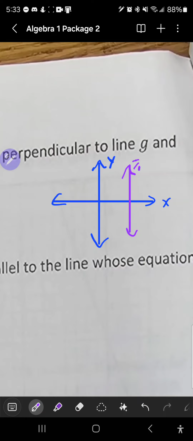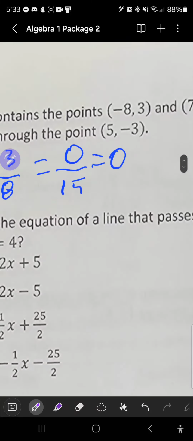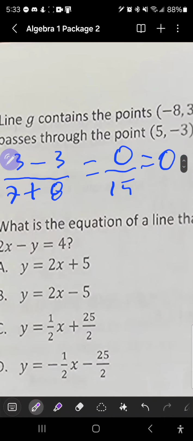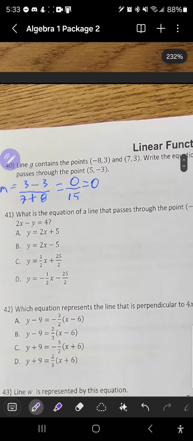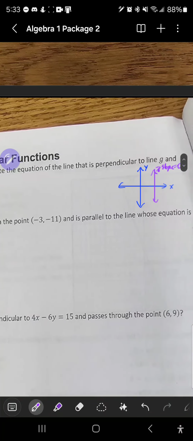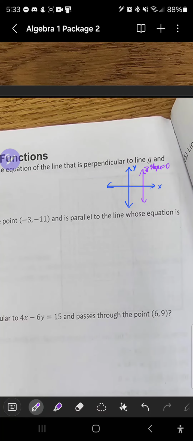This has a slope of 0 because it doesn't have a run. It's always a constant rise.